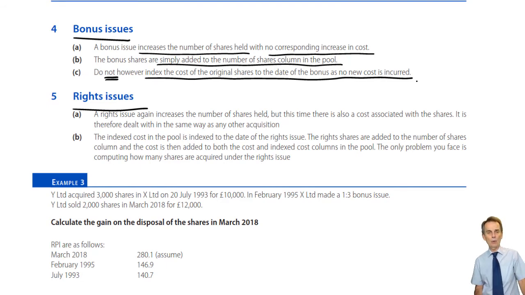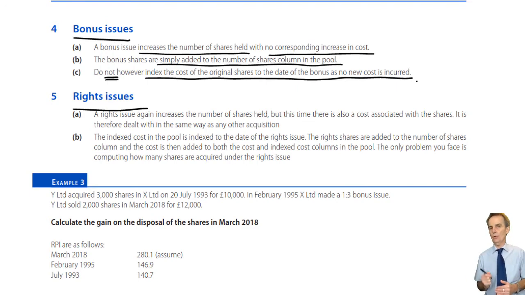So when dealing with the bonus issue, you simply add in to the number of shares, the number of shares acquired. There is no change in cost. There is no change in index cost. That's all you do. Add in the extra shares to the number of shares column.